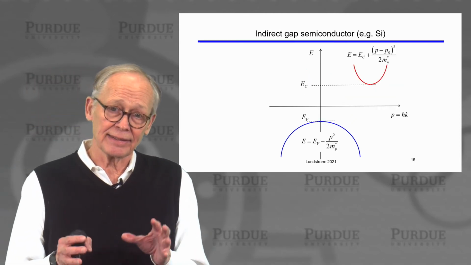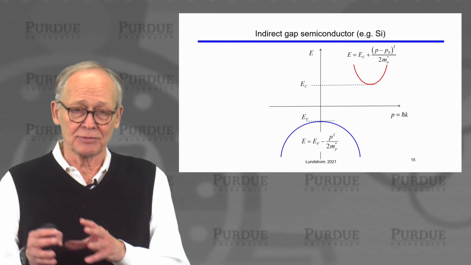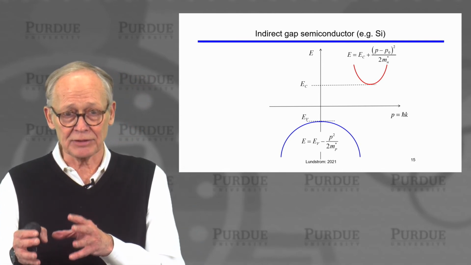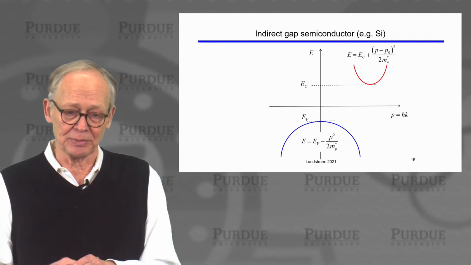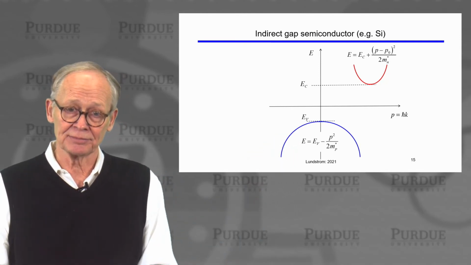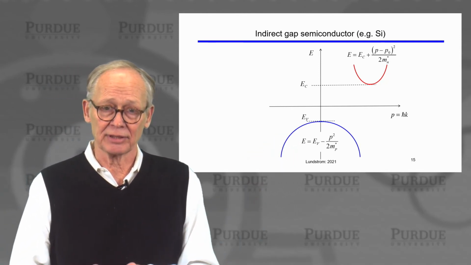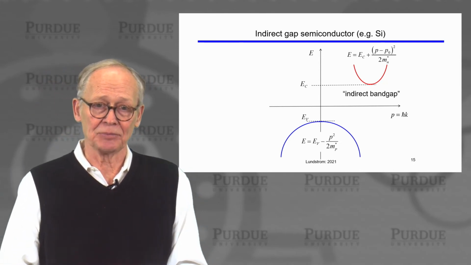Now, some complicated things can happen in semiconductors. The E-k relation for the electrons in the conduction band might not align with the E-k relation in the valence band. That is, the top of the valence band may be at a different momentum than the bottom of the conduction band. These are called indirect gap semiconductors.